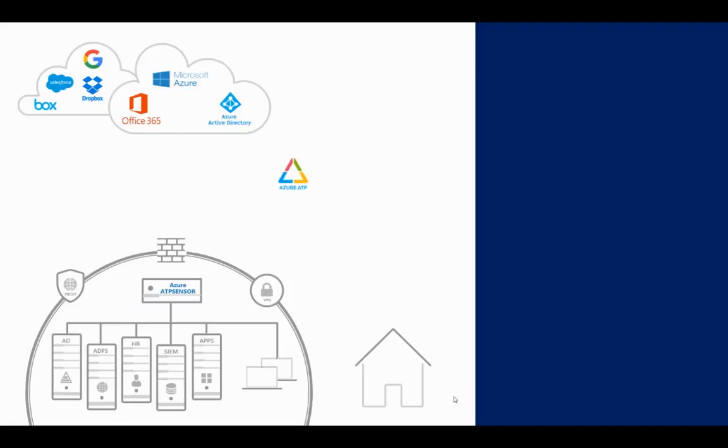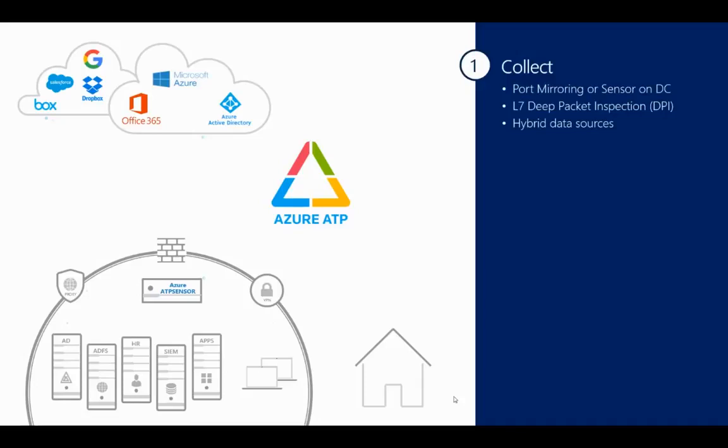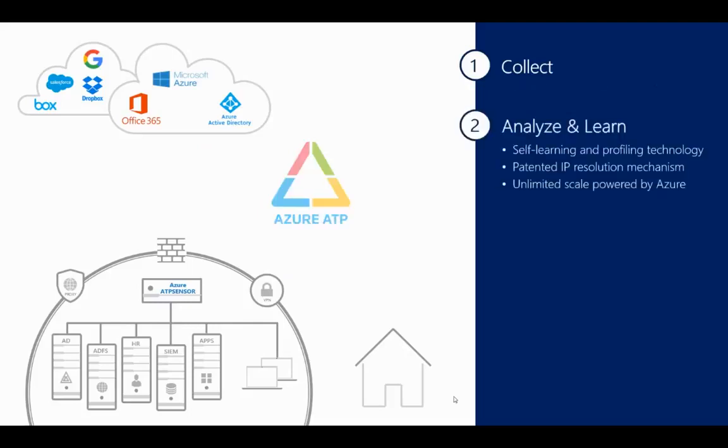Well, let's understand how Azure ATP works when we talk about a whole infrastructure scenario. On premises and cloud applications are currently being used by users, and Azure ATP is running in the background. It will collect the information.